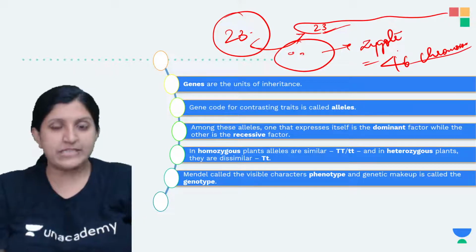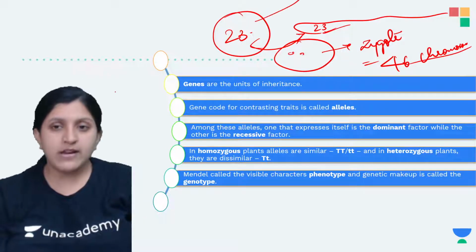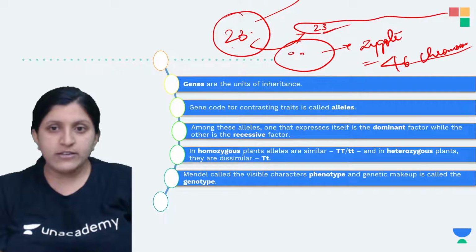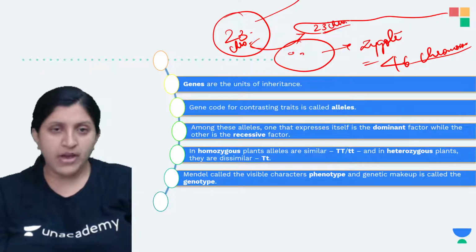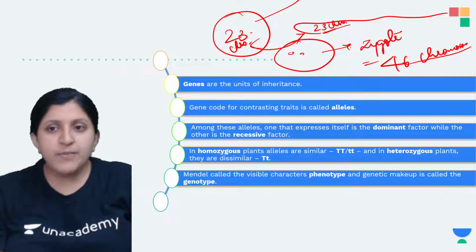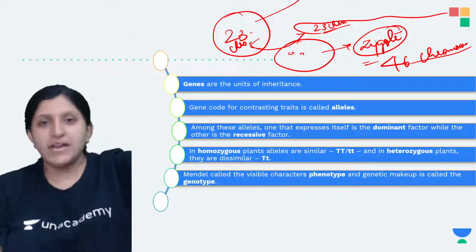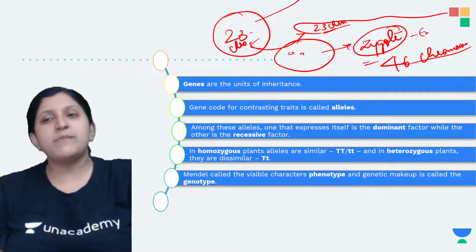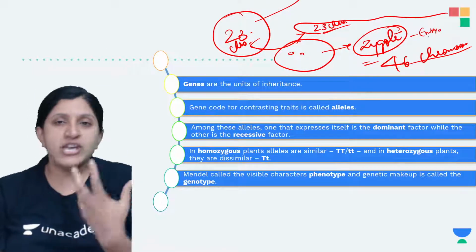In case of humans, 23 chromosomes are coming from the mother and 23 chromosomes are coming from the father, which form the combination for whatever progeny the zygote is going to become. Later on this will become an embryo, and then a progeny, an infant.